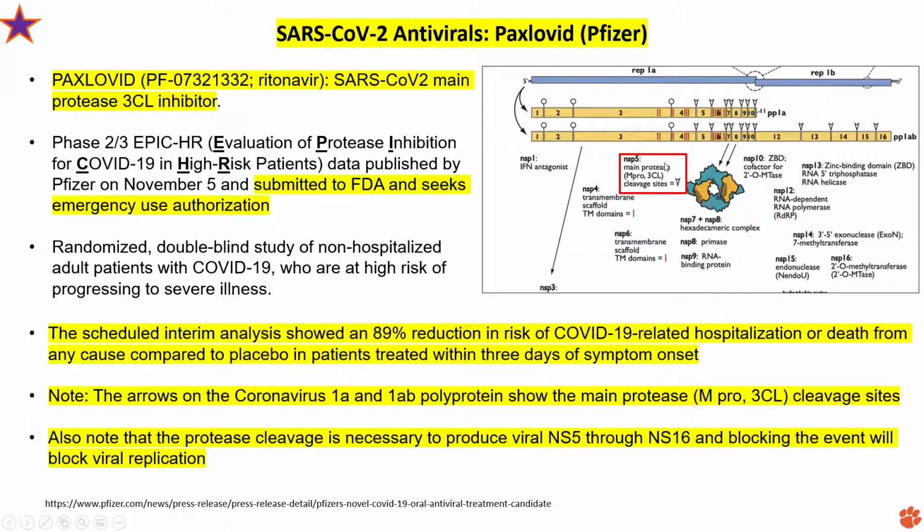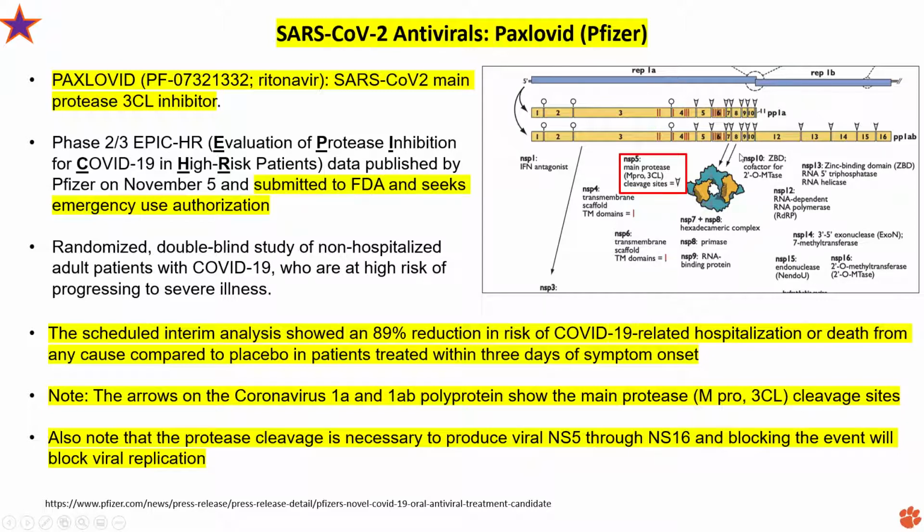If you block NSP5 with the protease inhibitor, which is Paxlovid, then this cleavage will not happen. Basically, upon infection, the mRNA is translated into the polyprotein, and the polyprotein can make 1 through 4, but it will not be able to make any of these. Remember that these are the ones which make the RNA-dependent RNA polymerase.